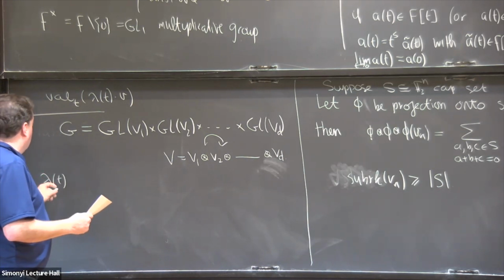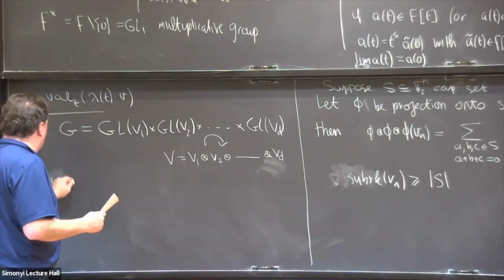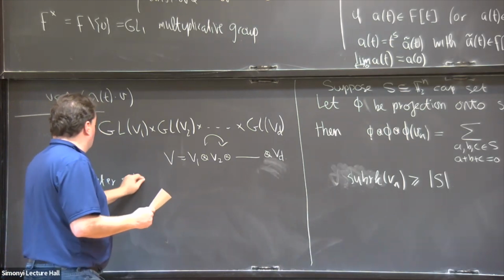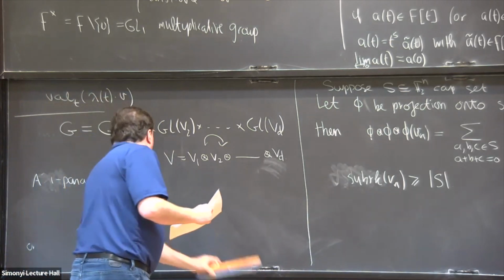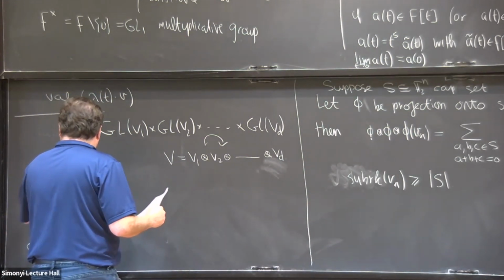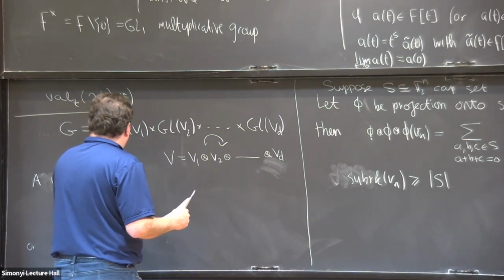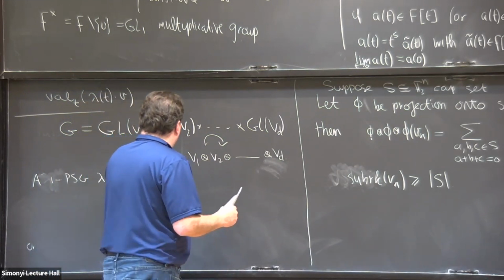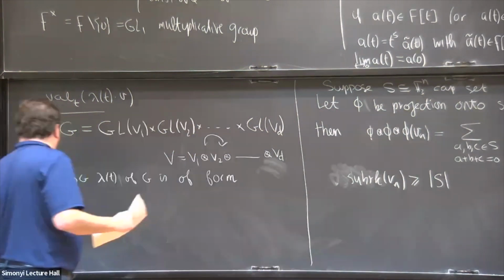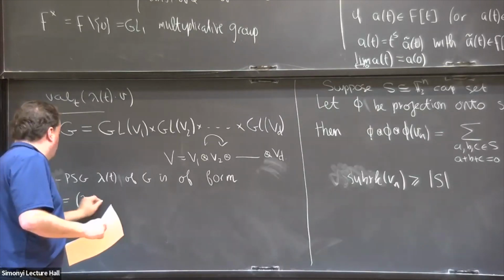A one parameter subgroup of G is of the form, well, it's just really a D-tuple of one parameter subgroups.